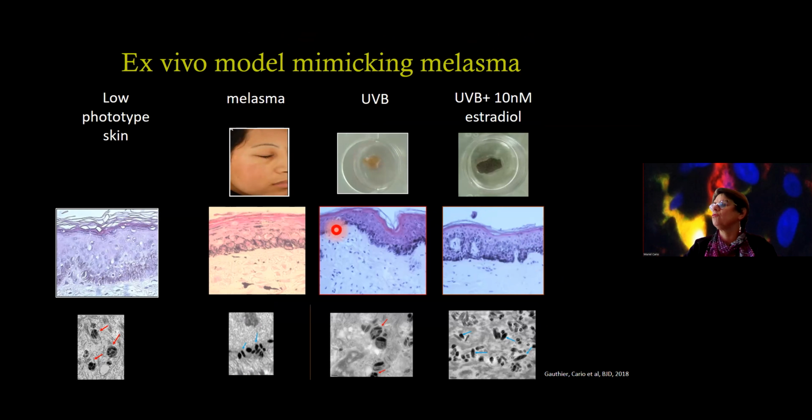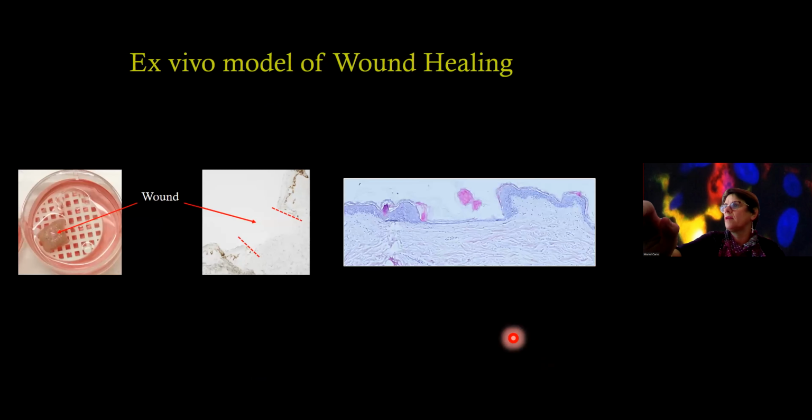And you can see that using UVB and estradiol, we observe an increase in pigmentation and a change in the melanosome shape, which look like what we have in melasma. Here you have polymelanosome and here single melanosome. So we reproduce the melasma, and with this model we can test some molecules which could act on melasma.